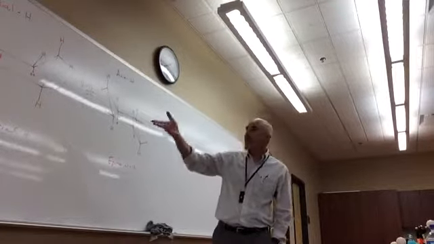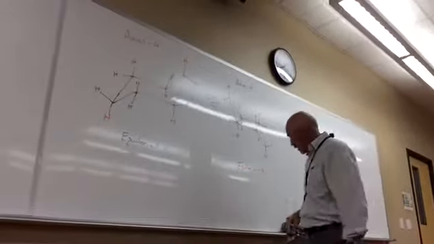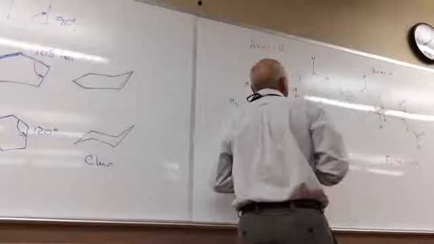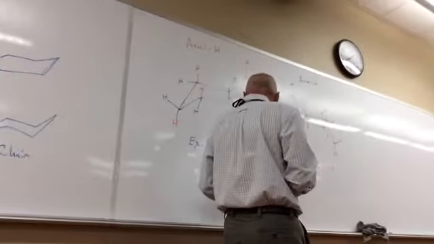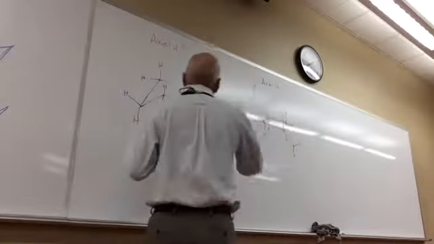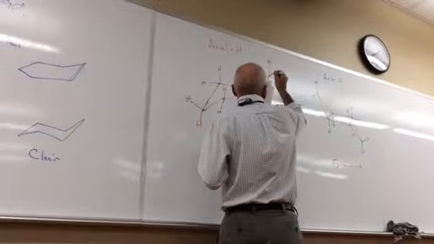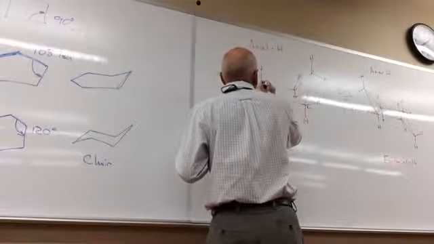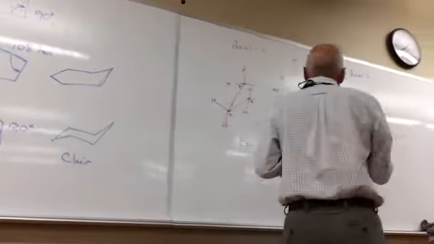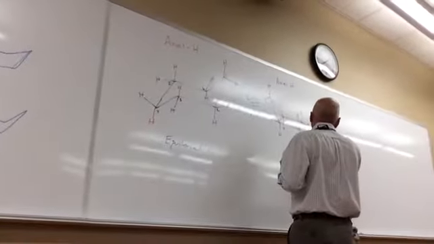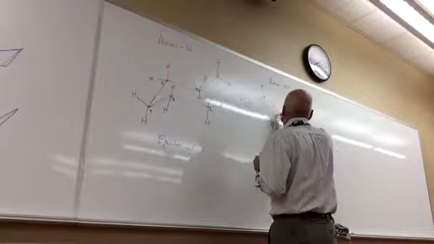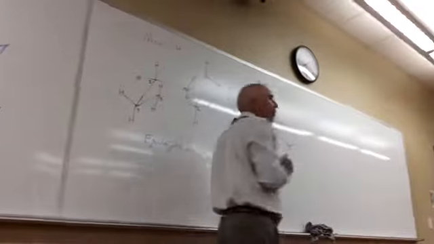One side went down, this side went down. So this carbon, maybe if I did it this way. If I were to say that, if I numbered these carbons, let's say that's 1, 2, 3, 4, 5, 6. Now my numbers are, this one is 1, 2, 3, 4, 5, 6.